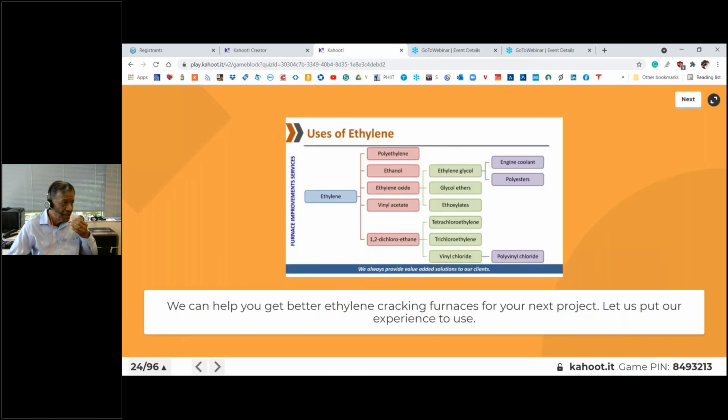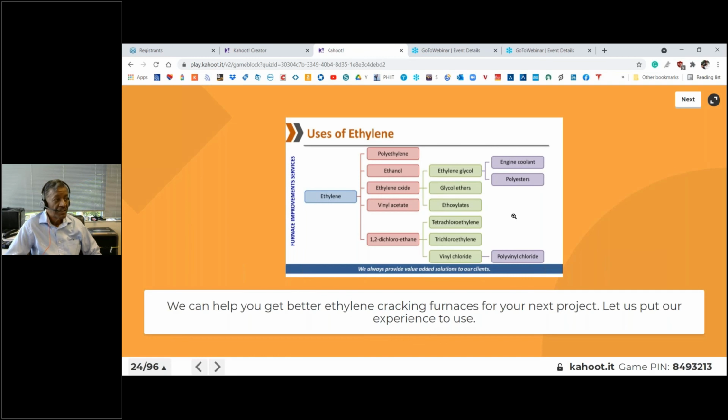So if you look at the ethylene, there are lots and lots of uses, starting with polyethylene, ethanol, ethylene oxide, vinyl acetate, 1,2-chlorodiethyl. Then you can make ethylene glycols, glycol ethers, ethoxylates. Vinyl chloride can go into polyvinyl chloride, engine coolers, polyesters.